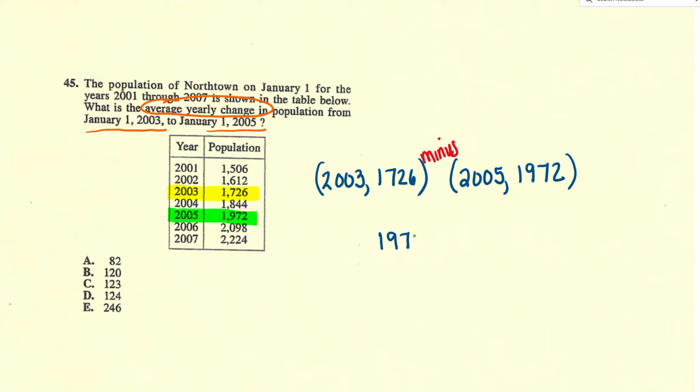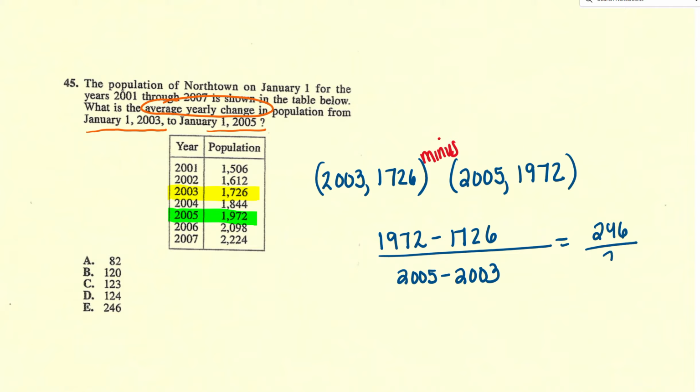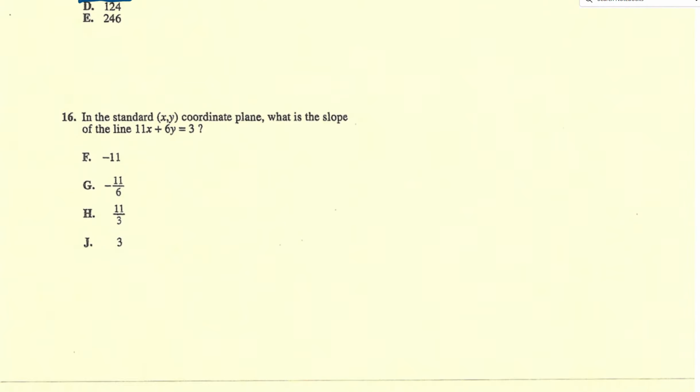So 1972 minus 1726 over 2005 minus 2003. All right, put that in your calculator really quickly, and you get 246 over 2, which is 123, or answer C.